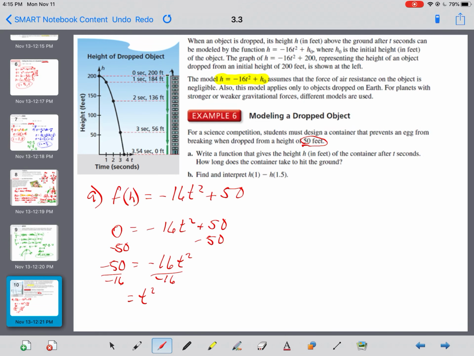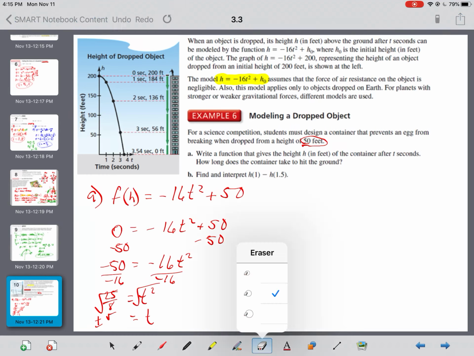Let's see, what goes into both of those? 4 does. 8 does not. Oh, not nicely. 2 does. 25 over 8. Okay, so we square root it, and we get t equals plus or minus the square root of 25 over 8.